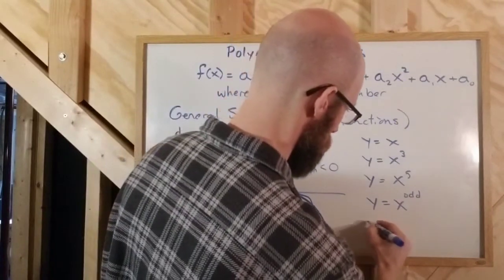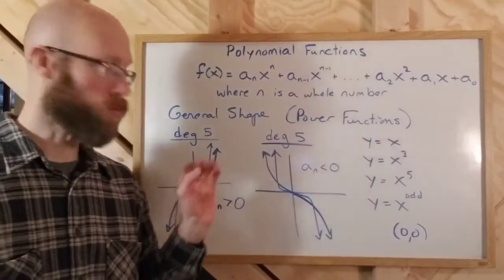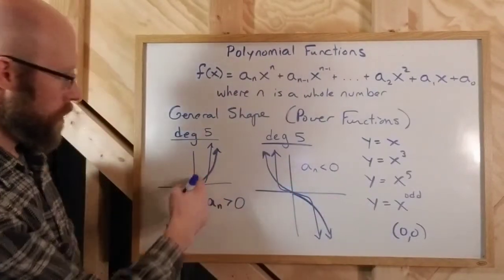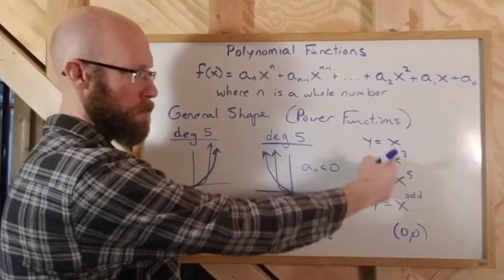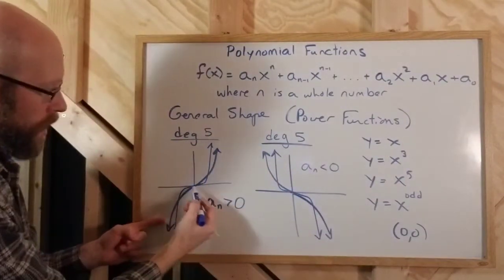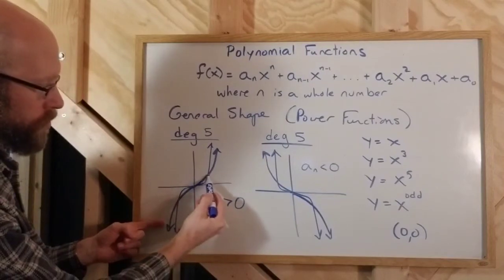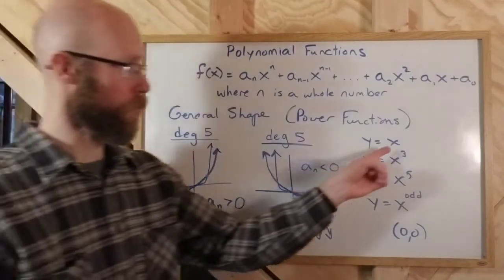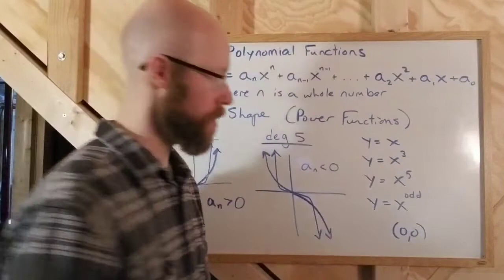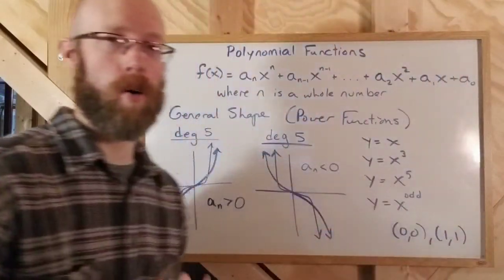So they all contain the origin (0, 0). On the right-hand side, of course, I'm looking at positive coefficients here, so I'm looking at the positive side. On the right, they all contain (1, 1). Okay, they all go through the same point (1, 1) because when you plug a 1 in and raise it to an odd power, you get 1. So (1, 1) is always on the graph.